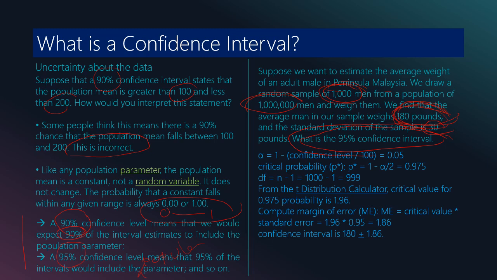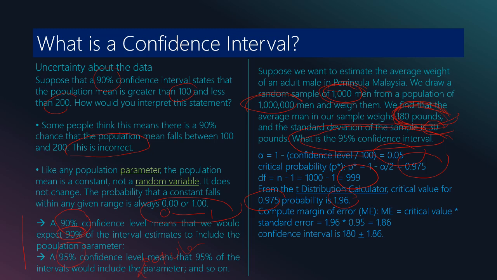So the alpha is 0.05 and critical probability equals 1 minus alpha divided by 2, equal to 0.975. Degrees of freedom 999, and from t-distribution calculator or t-distribution table, the critical value for 0.975 probability is 1.96.